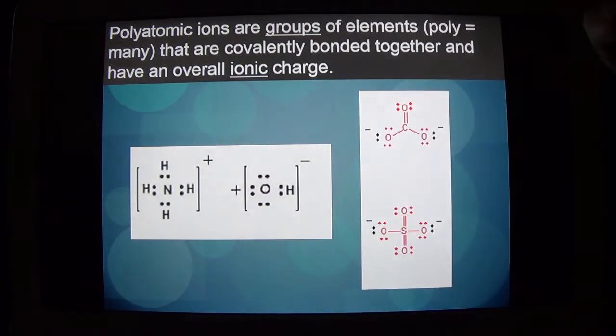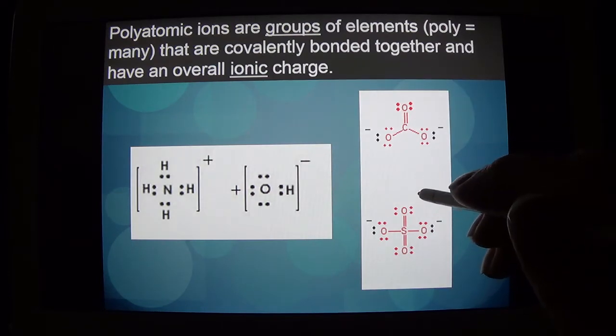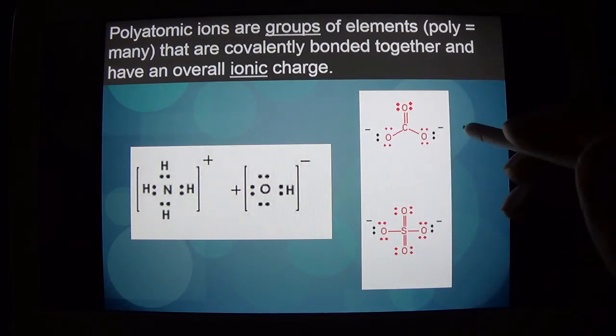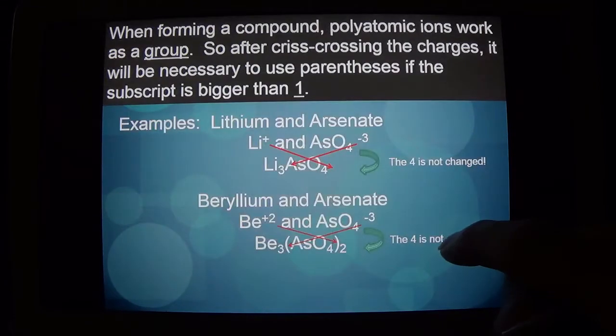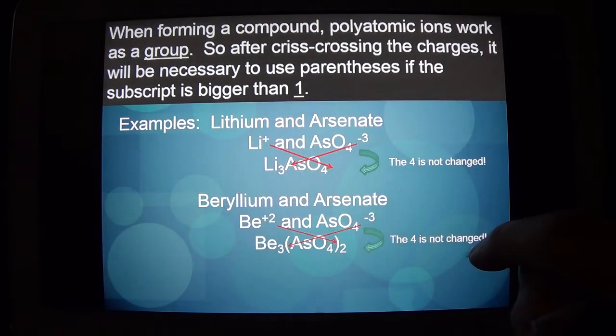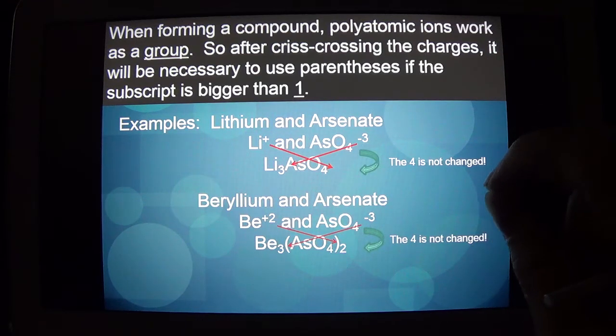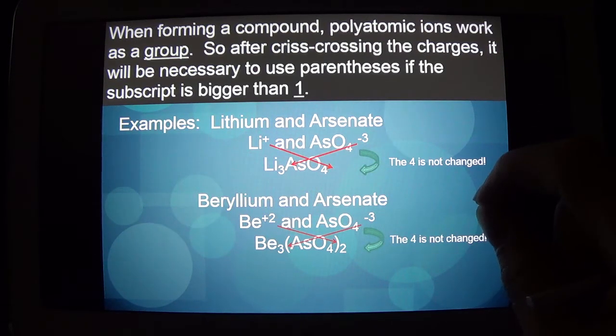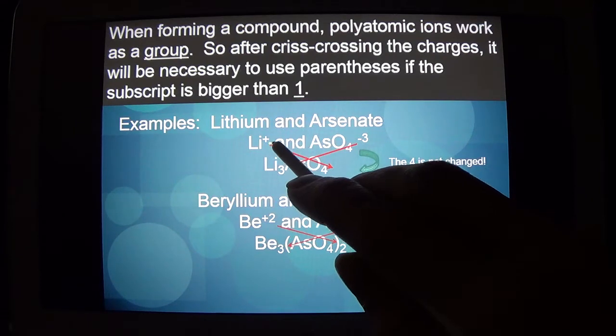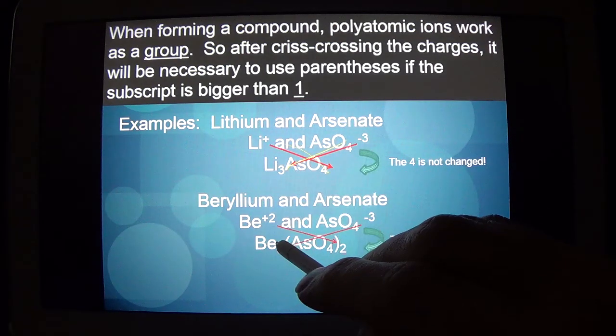Where exactly, we actually would never know, because an electron looks like an electron, whether it was there originally or not. What we're going to do with them is actually the exact same thing we used to do, with a few minor changes. We still crisscross and reduce.